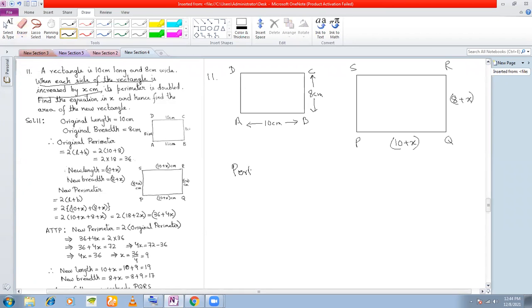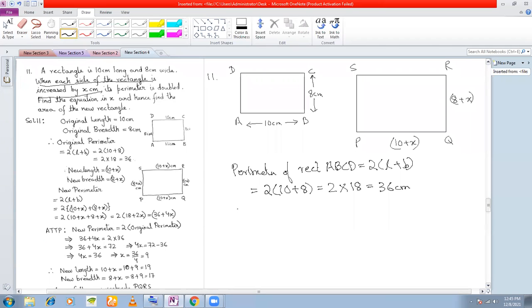Perimeter of rectangle ABCD is twice length plus breadth. And what is the length and breadth here? In this case, the length is 10 and the breadth is 8. So this is 2 into 18, which is equal to 36 centimeters. This is the perimeter of the rectangle ABCD.